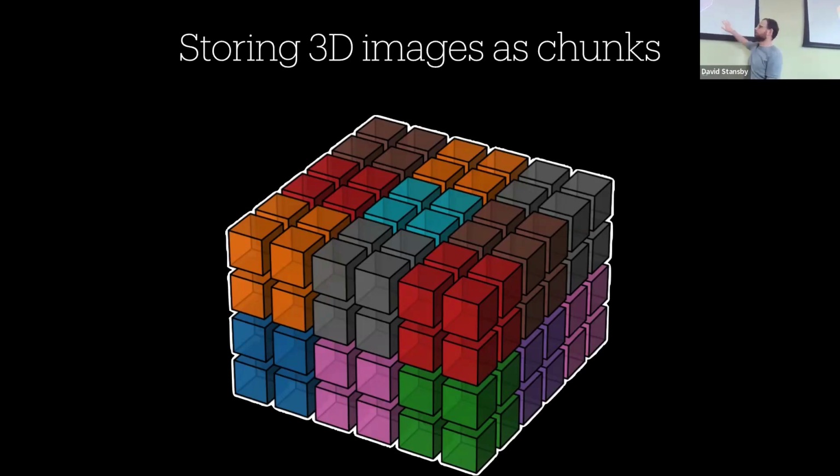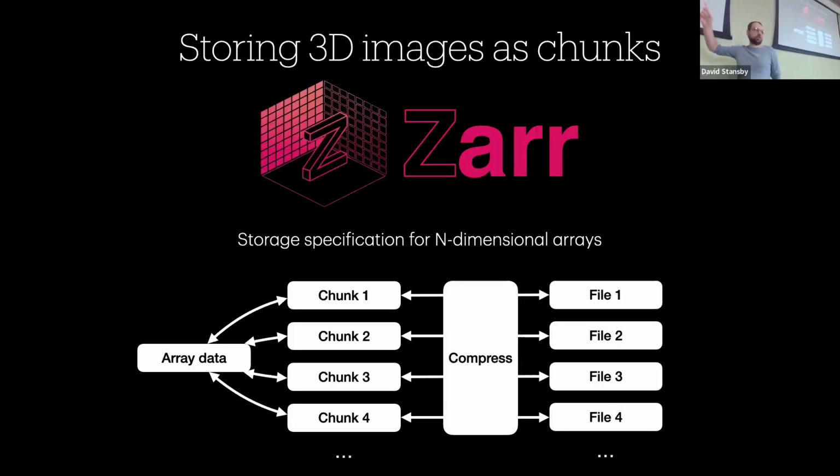Here each color represents a different chunk, which is stored as an individual file, on your file system or your cloud storage. In this example, I've split up my array into chunks of 2 by 2 by 2, and each of those would be saved to an individual file. And this is what Zarr is.